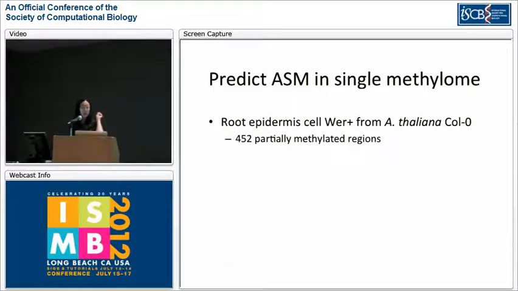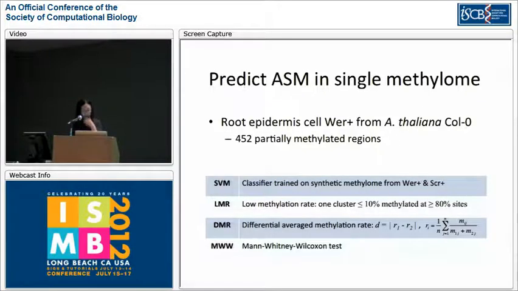Then we went ahead to predict allele-specific methylation in real data, in a single methylome. We applied it to one of the two root cell methylomes we had. There were about 450 partially methylated regions. We sent all those reads through our model, and then for the post-processing, for characterizing each region, of course, we used the SVM classifier trained on the synthetic methylome.